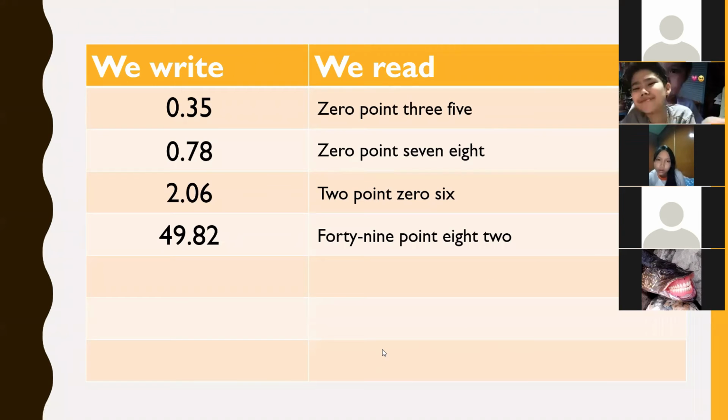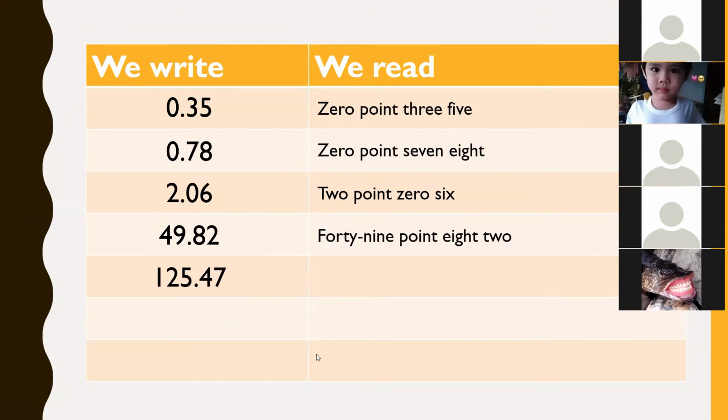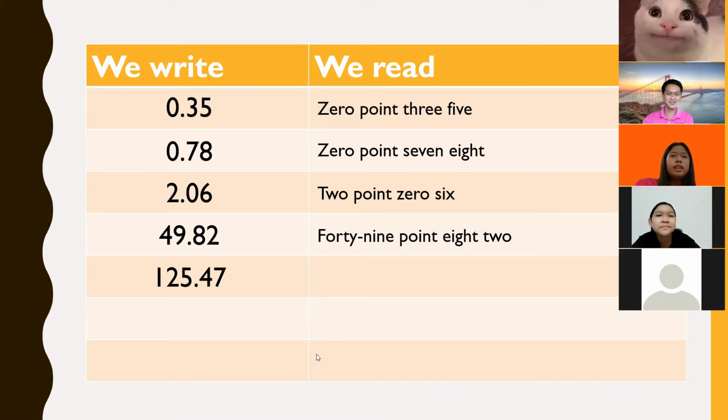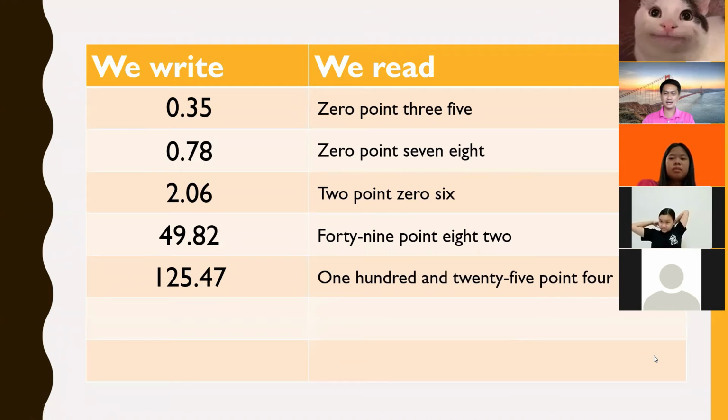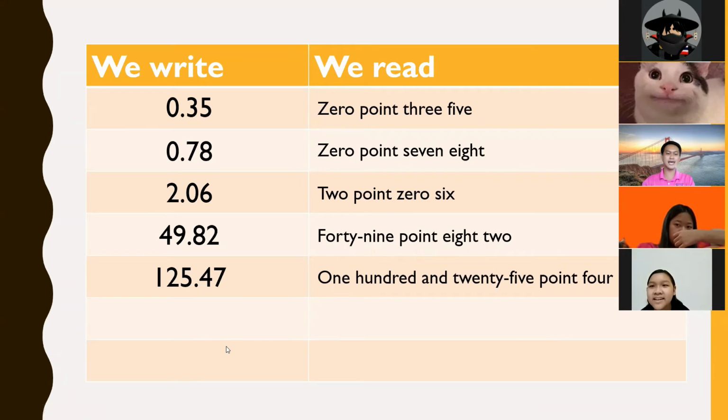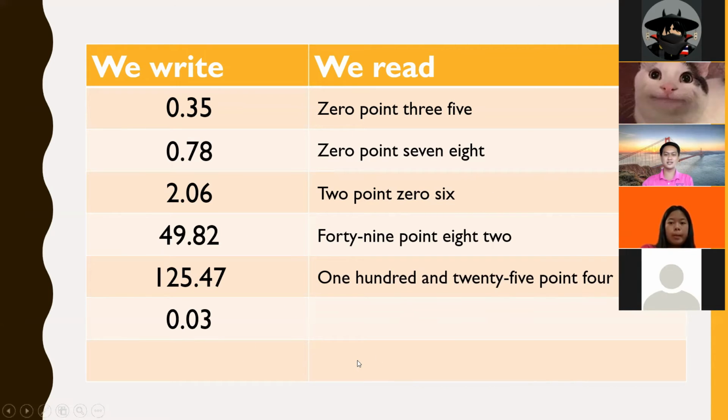Tan, how do we read this number? 125.47. Next, okay, C game. 0.03.